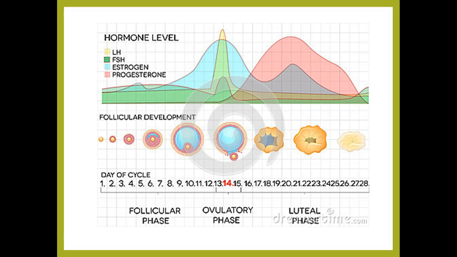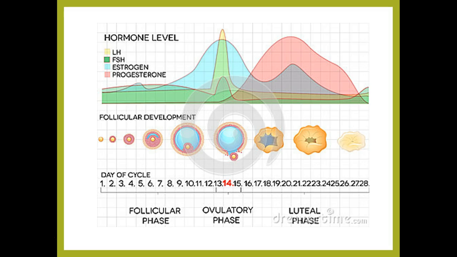Now, once an egg is released, what is left over is called the corpus luteum. And the corpus luteum is what develops and secretes progesterone. All right, so if you look on the right-hand side of your screen to this sort of little ball of tissue-looking stuff, that's your corpus luteum. It's what's left over after the egg is released, and that secretes progesterone.